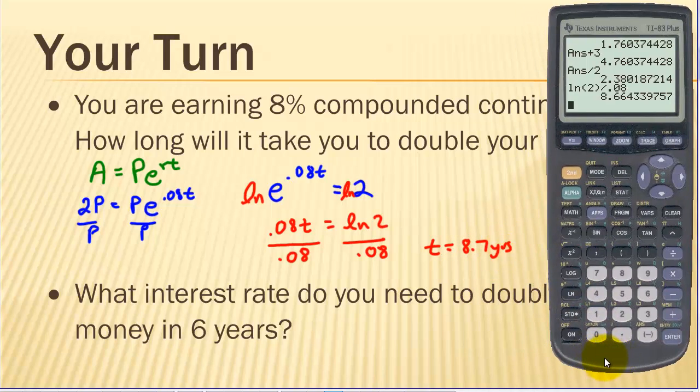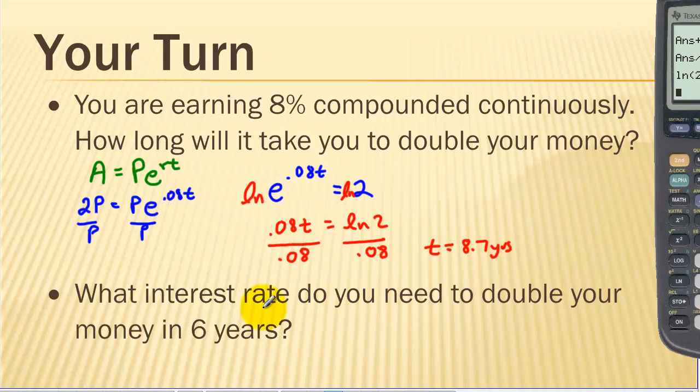Our second example here is we know that we want to double in 6 years, and we want to know the interest rate. So in this case, we're going to have 2p equals p e to the rt, and t is 6, so 6r power. So when we divide here by p again, we get 2 equals e to the 6r power.